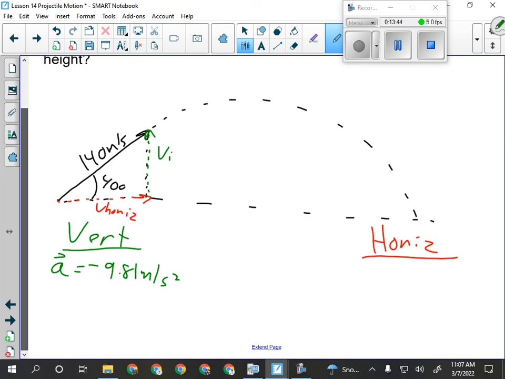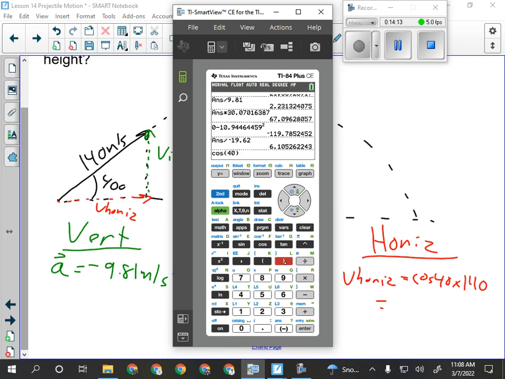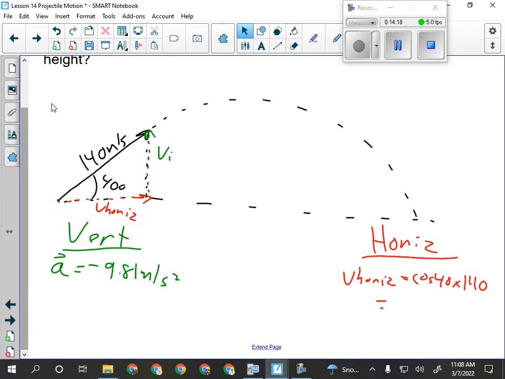Right, so how would I calculate V horizontal? What trig function am I going to use to calculate V horizontal? Cosine, yeah. Okay, so we got cos of 40 times 140. All right, so it's 107 meters per second horizontally.